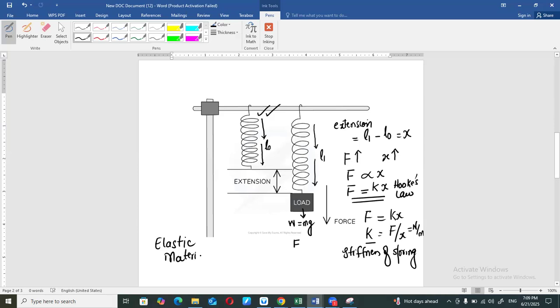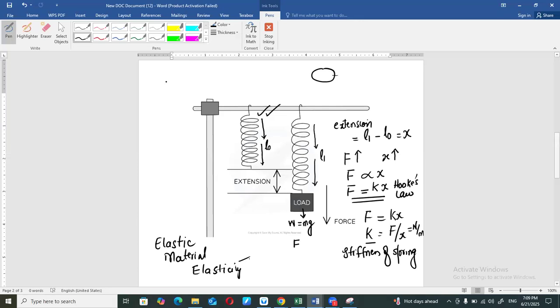This property is called elasticity of a material. For example, if you stretch a rubber band to a level and then leave it, it comes back to its original shape. We call this property an elastic property, or elasticity, of an object.